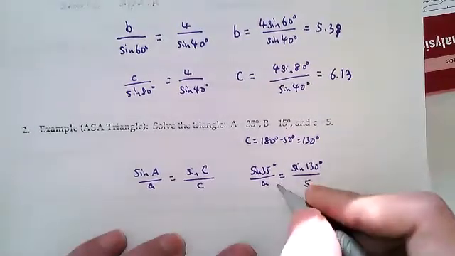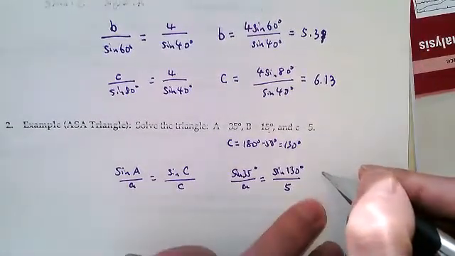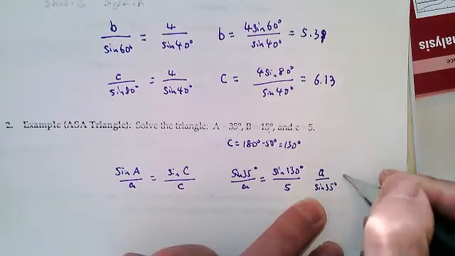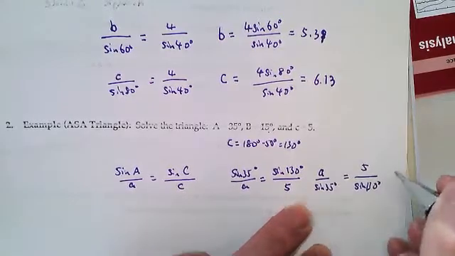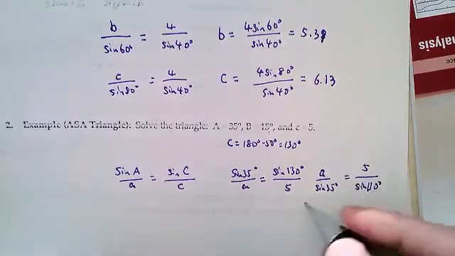Again, you flip this fraction. Then you multiply both sides by sine 35.